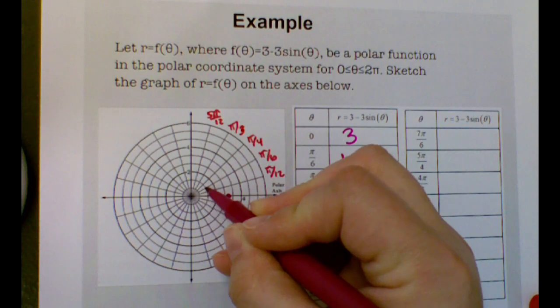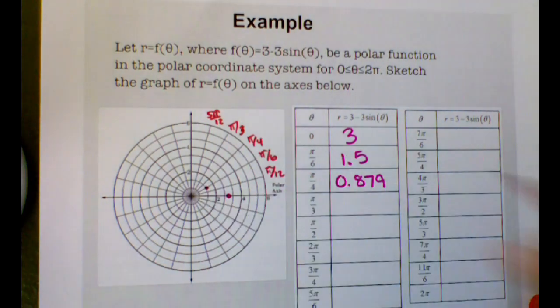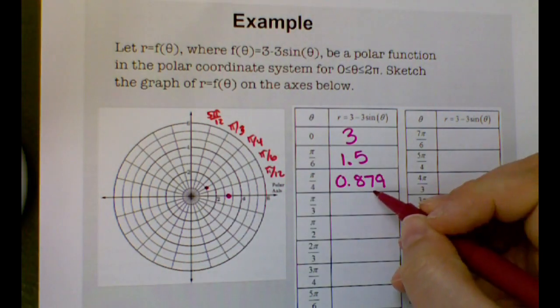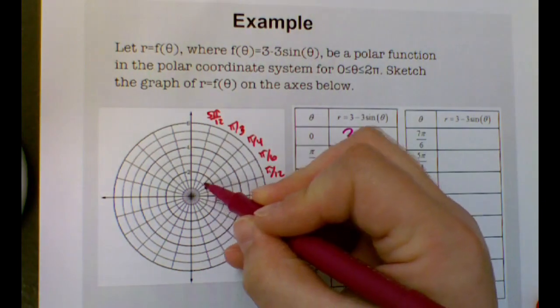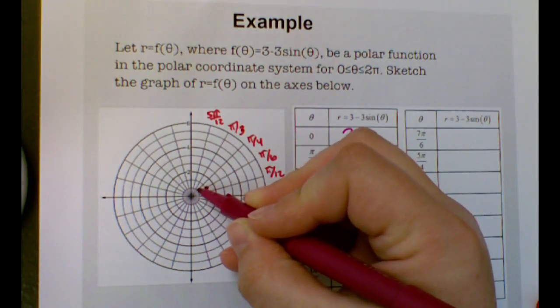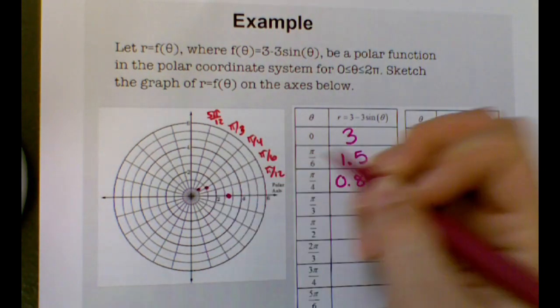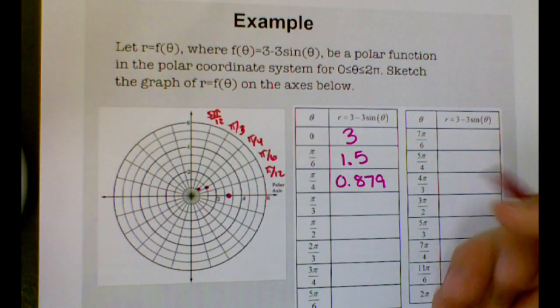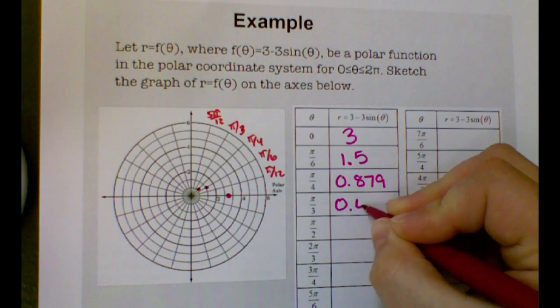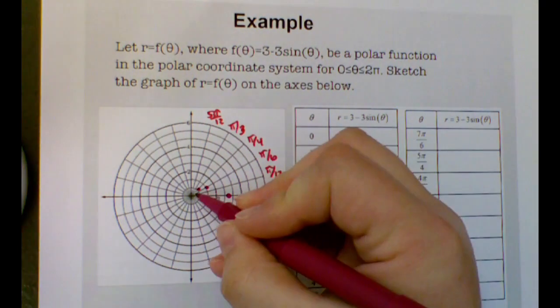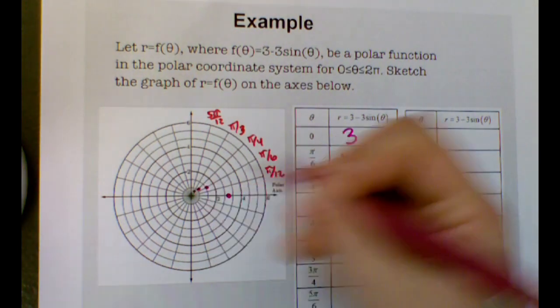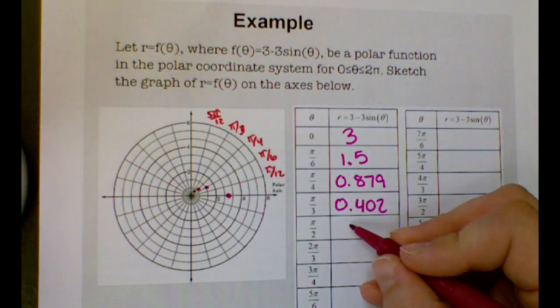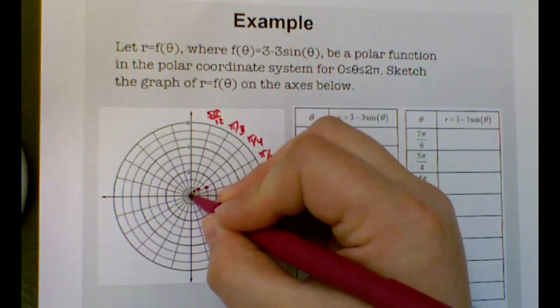Well, let's see here. 1.5 is about there. Pi over 4, 0.879. So let's see here. 1's going to be about there. How about there? Pi over 3. Let's type it in my calculator. I get 0.402. Maybe there. Pi over 2, I get 0.